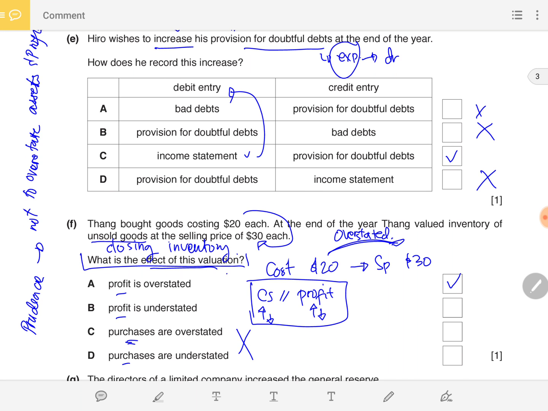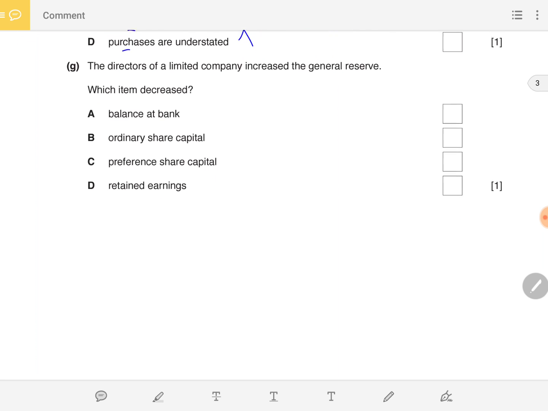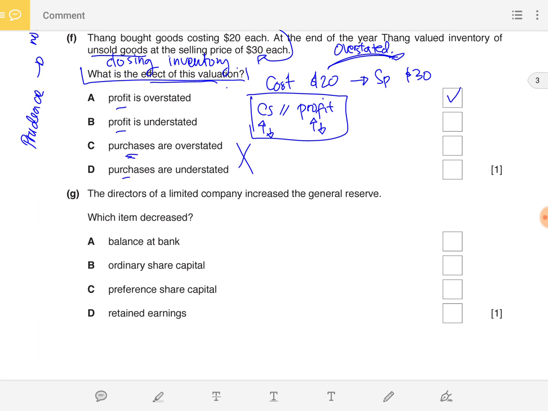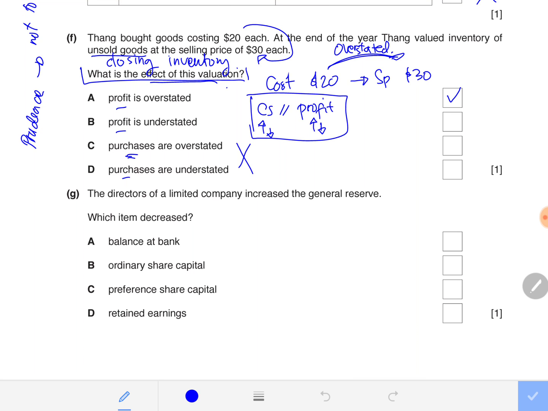Next. The directors of a limited company increased the general reserve. Which item decreased?